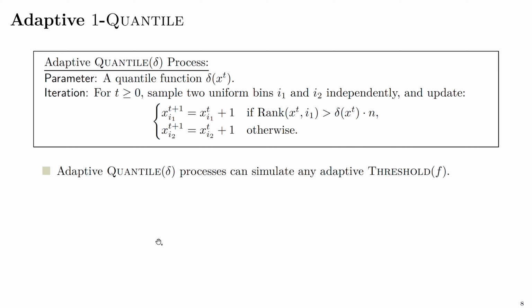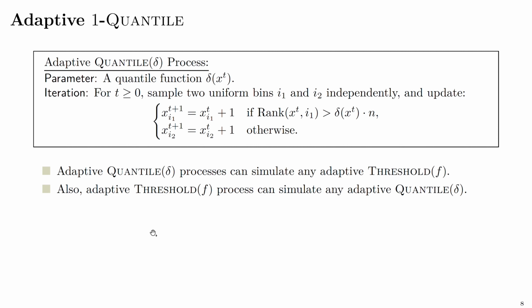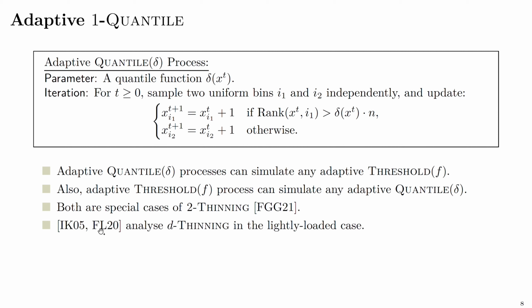It is easy to see that the Adaptive Quantile process can simulate any Adaptive Threshold process by setting the quantile at the place where the loads are equal to the threshold. It is also possible, using a mixture of two threshold processes, to simulate any Adaptive Quantile process. It turns out that both are special cases of the Two-Thinning process, of which there have been several extensions where you can take up to d samples.